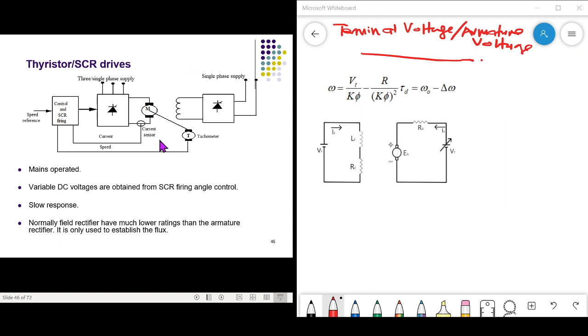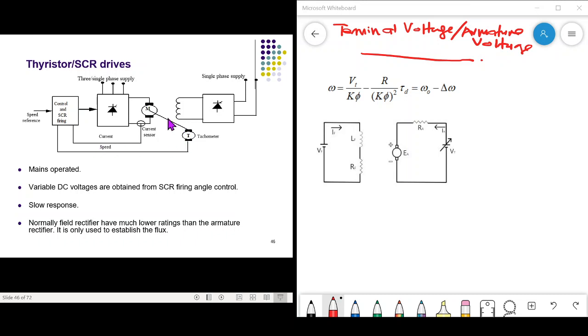This is the block diagram of the thyristor SCR drive. In this figure, we use a separately excited DC motor, so this is the armature and this is the field. The terminal of the armature is connected to the three-phase rectifier, and the field terminal is controlled by a single phase rectifier. Here we have speed control with a current loop.